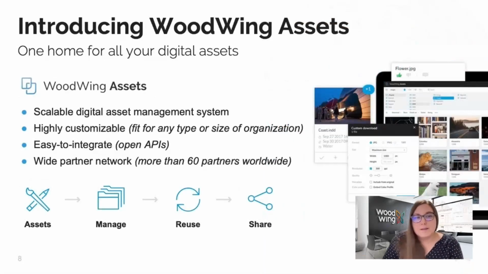In short, the solution that you are going to see during this webinar is WoodWing Assets, which is a scalable digital asset management system that is highly customizable, and it's fit for any type or size of organization. And it's very easy to integrate because it offers multiple integration options alongside an open API.